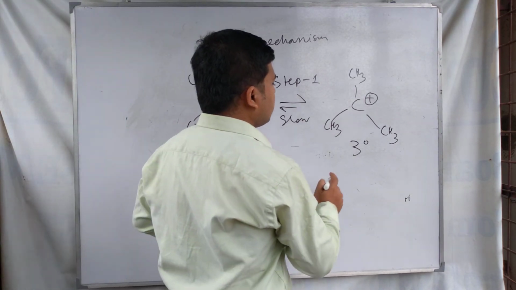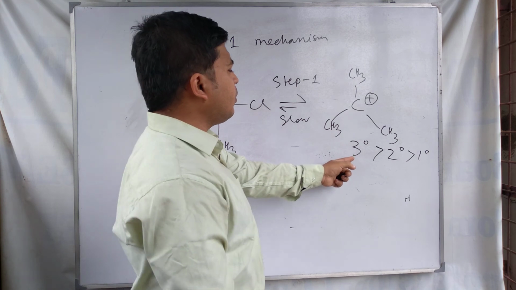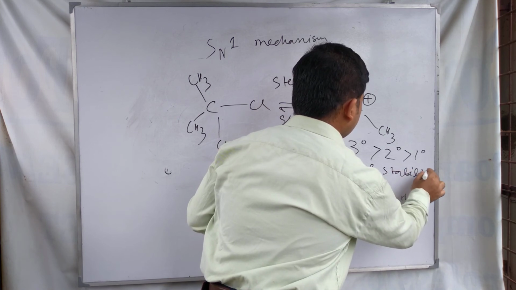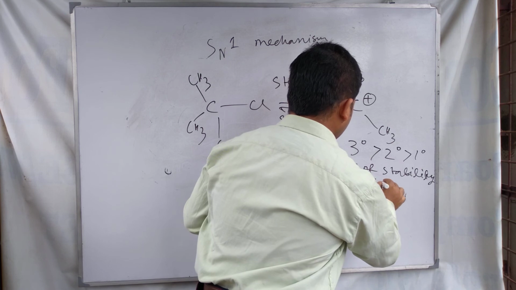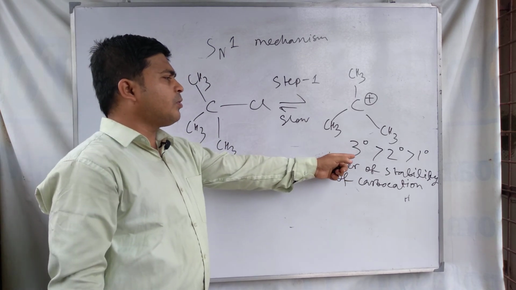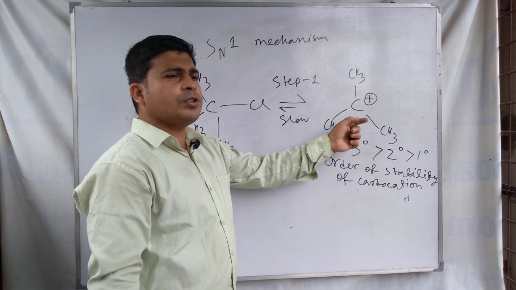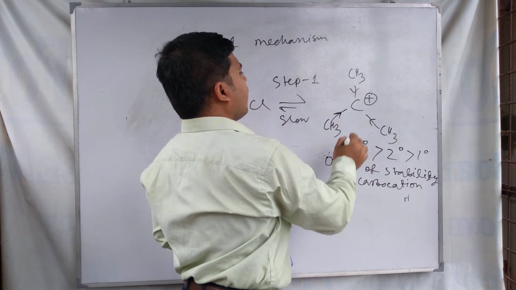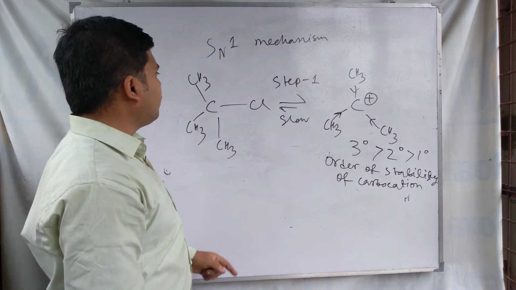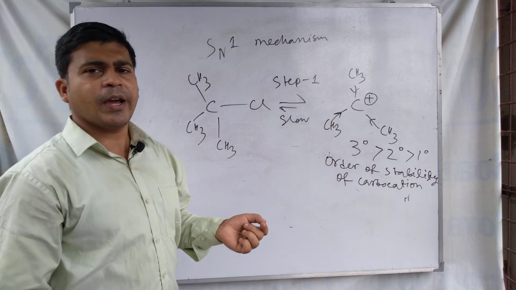We know the order of stability of carbocations: tertiary carbocation is the most stabilized, then secondary, then primary. Here the tertiary carbocation is stabilized by the inductive effect and hyperconjugation, and for this reason the tertiary alkyl halide performs the SN1 mechanism.